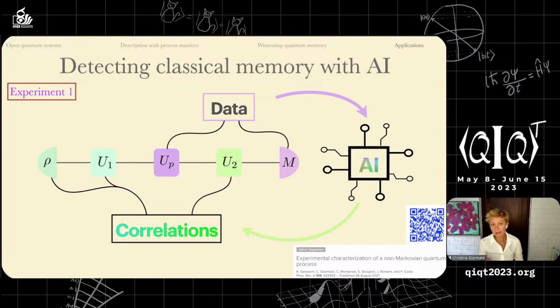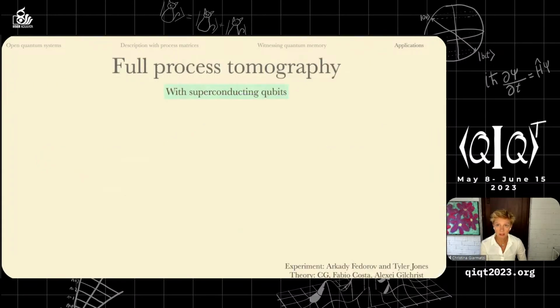And again, as I said, this was motorized, so we could have thousands and thousands of data, and we put in this AI, and then eventually the AI learned, and just seeing the data, it could tell us what's the amount of correlations that existed in the process, just by seeing the data.